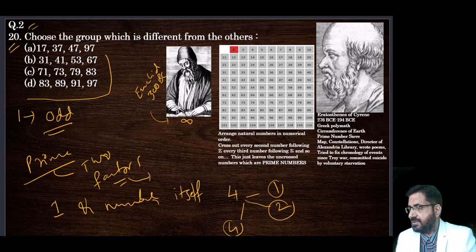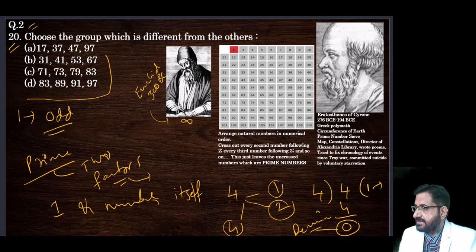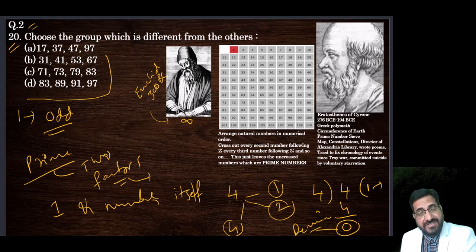If I divide 4 by 2, the remainder is 0. If I divide 4 by 4, the quotient is 1, 4 ones are 4, and the remainder is 0. These kinds of divisors are called factors. So prime numbers have only two factors, 1 and the number itself.